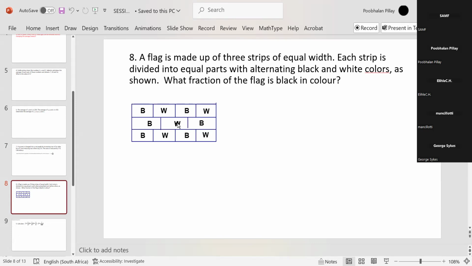And all these 4 areas are the same. And here too, these 3 areas are the same. And here the 4 areas are the same. And then some of these strips are painted black and white. So the colors are B and W, standing for black and white. So the question is, what fraction of the flag is painted black in color?